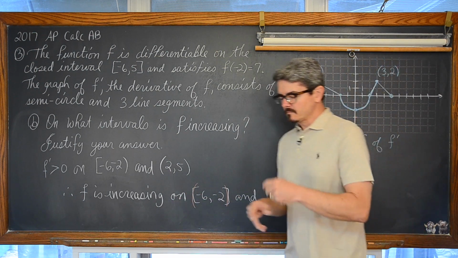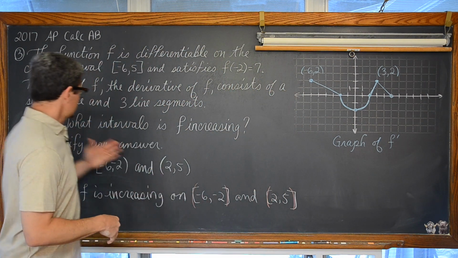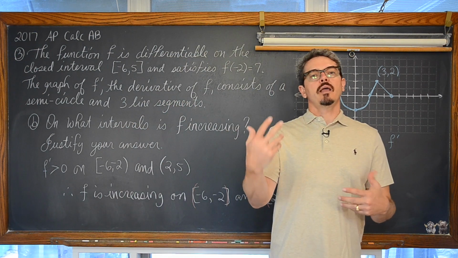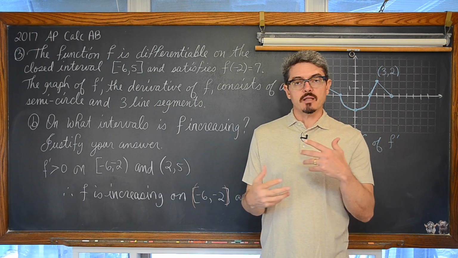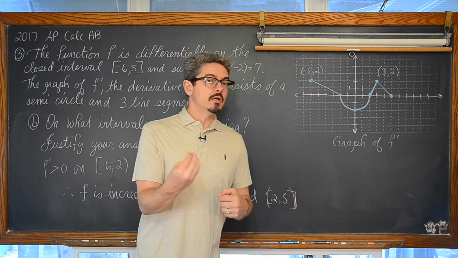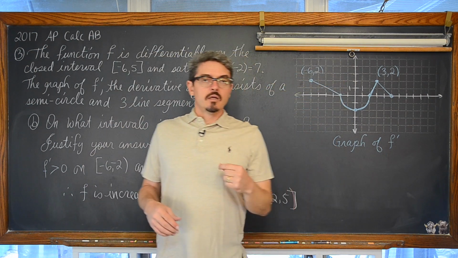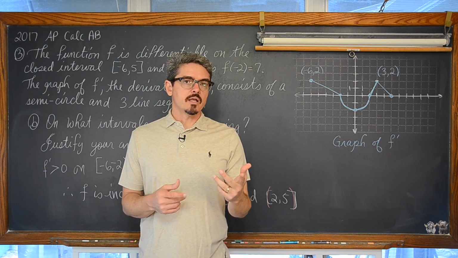Now, I also noticed on some of the more recent years of AP tests that they might take this kind of question and combine it with, where is f increasing and concave down, where you have to understand that the behavior of the first derivative can also help you determine the concavity of a function. If your derivatives are decreasing, then your function's concave down.